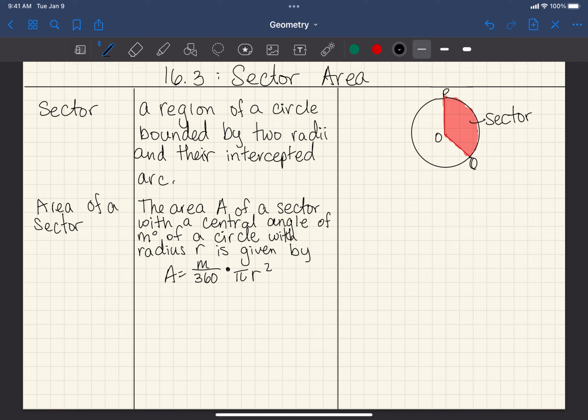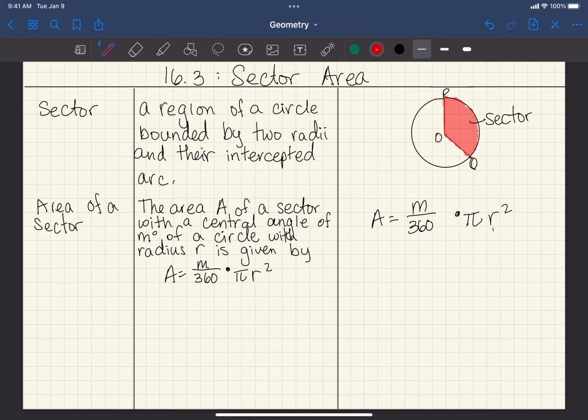Now, the area of a sector with a central angle of m degrees of a circle with a radius r is given by the expression, and I'm going to rewrite it over here. So area is equal to m over 360 times pi r squared.